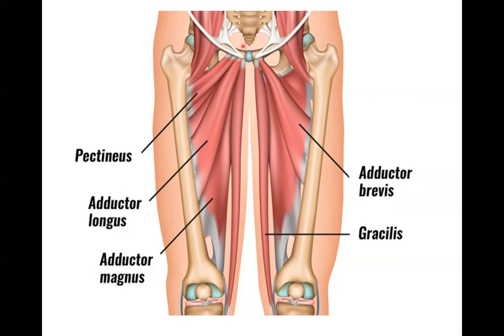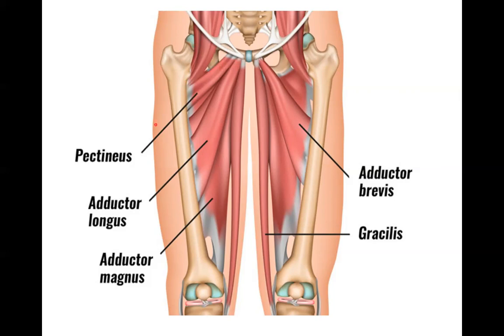Adductor longus has its origin at the pubis and its insertion along the linea aspera, and it's responsible for adducting and flexing the thigh. Then superior to that is Pectineus. Pectineus originates at the pubis and has its insertion just inferior to the lesser trochanter of the femur. It also adducts and flexes the thigh.